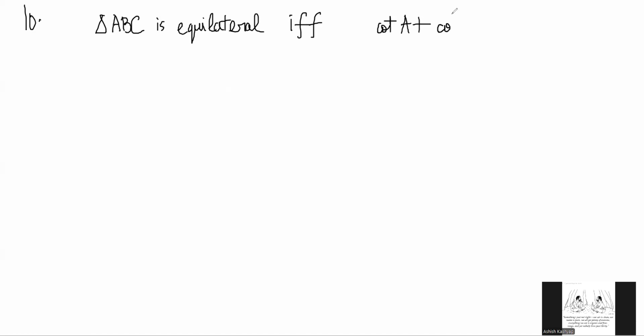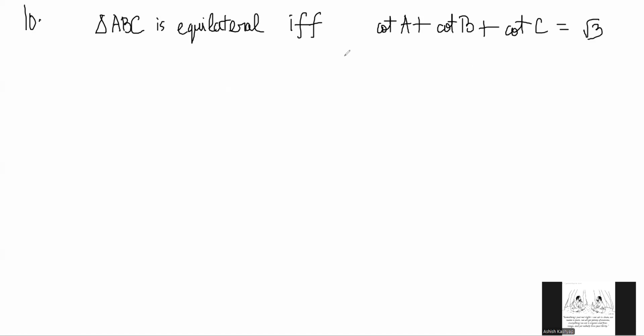Question number 10 is saying, prove that triangle ABC is equilateral if and only if cot A plus cot B plus cot C is equal to root 3.